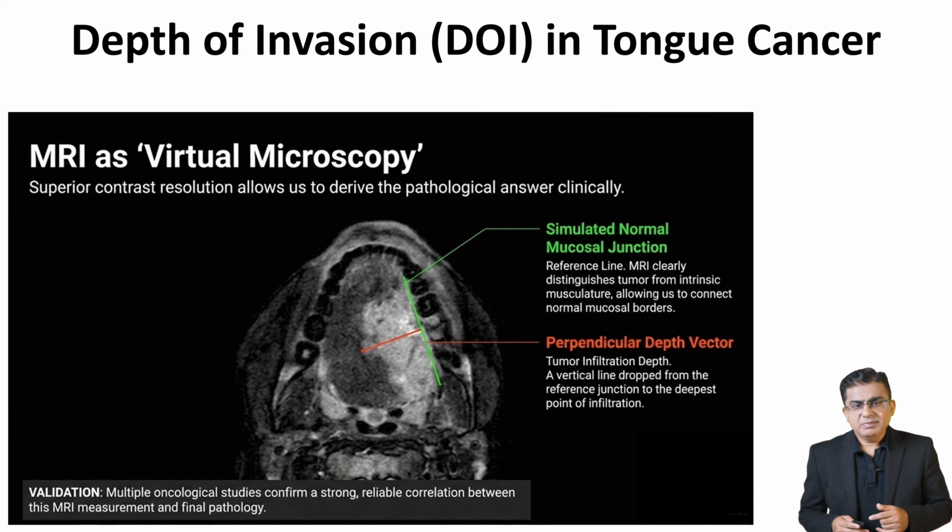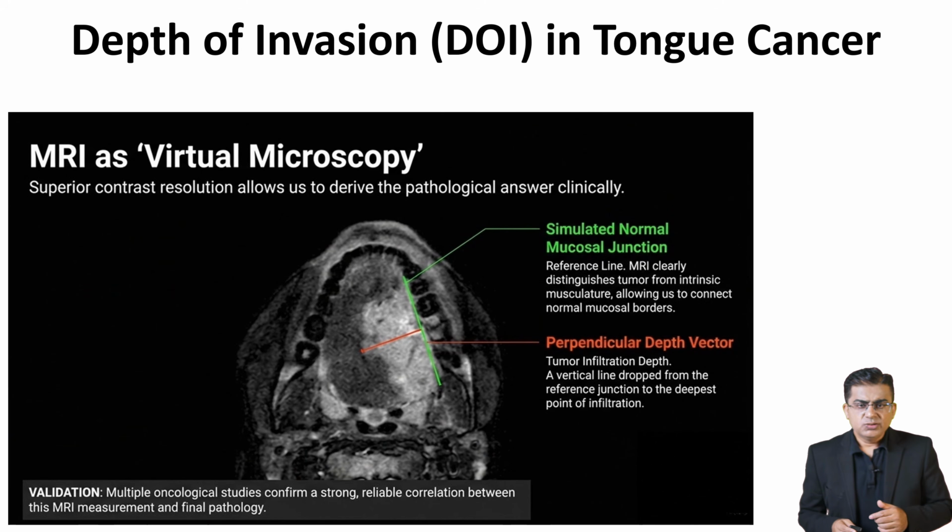Now some of you might be a little confused here. You might ask, sir, depth of invasion is a pathological term. It is meant to be measured on microscopy. Why are we measuring it on MRI? See, the 8th edition of AJCC Cancer Staging Manual clearly mandates that we need to assess this clinically for our T staging.